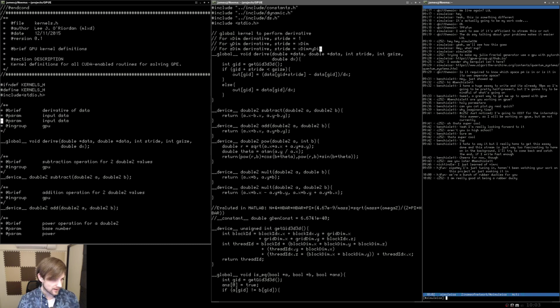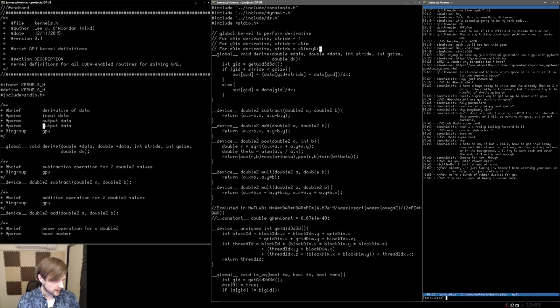So here, parameter is going to be input data. And then the next one's going to be output data. Then after that, we have a couple more parameters. Yank p, this is going to be stride of derivative. And I guess I don't really know how to notate this. Let's try this one more time.